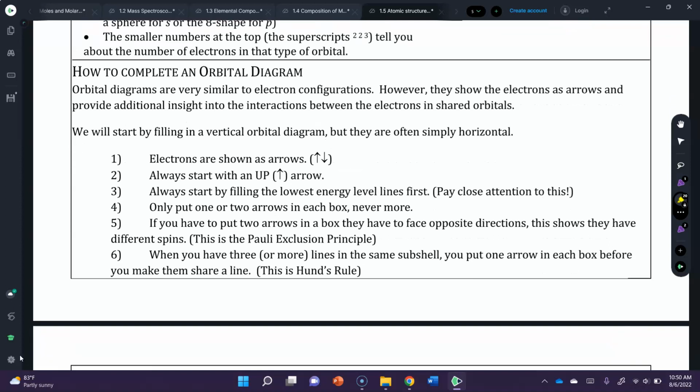They should be written as half arrows, but those are really hard to put into a computer, so they're shown here as full arrows. This represents a half spin up or a half spin down. So make sure you're using half arrows when you're writing. Always start by filling the lowest ones first, and we're going to practice this. This is here for you to reference as you're studying or working on problems on your own.